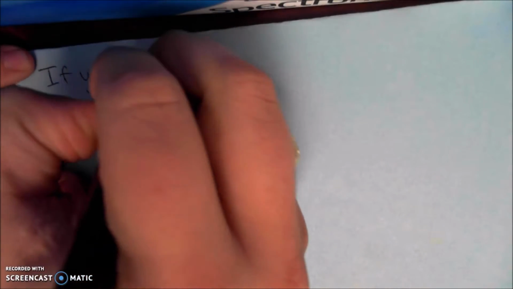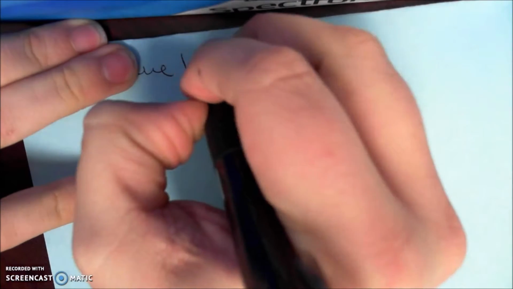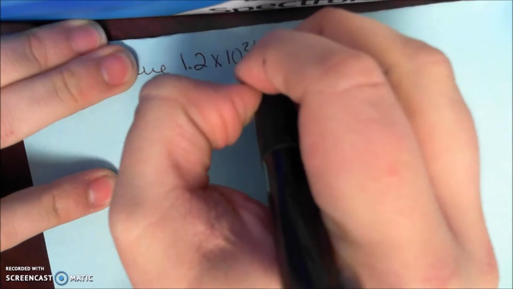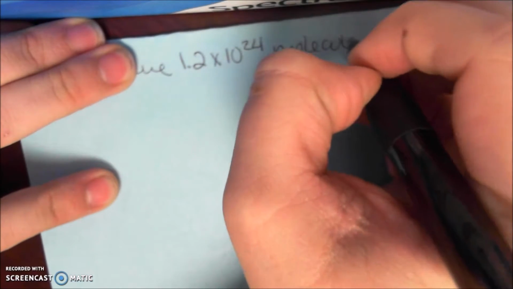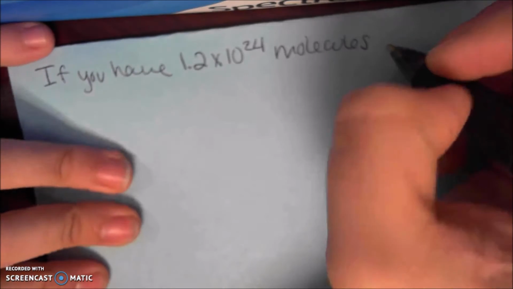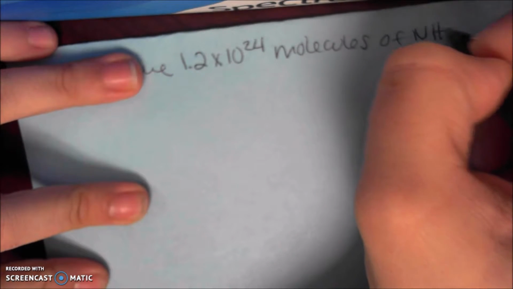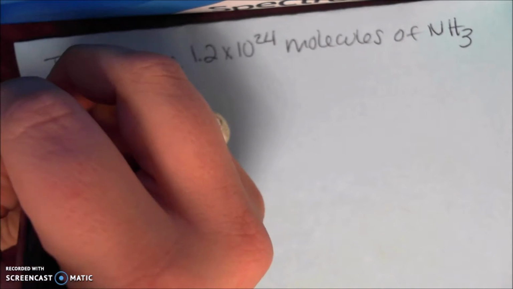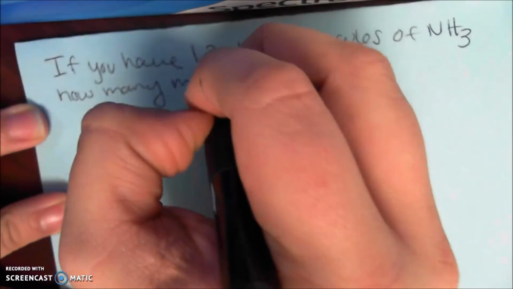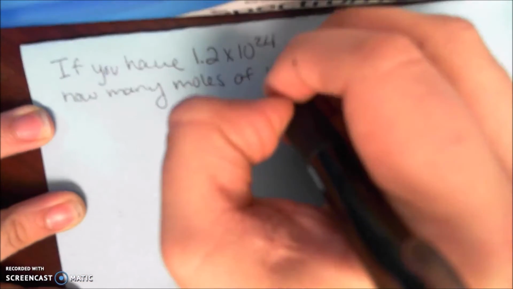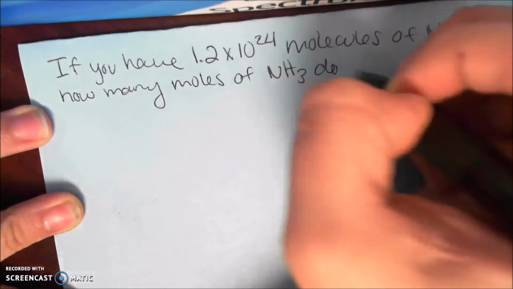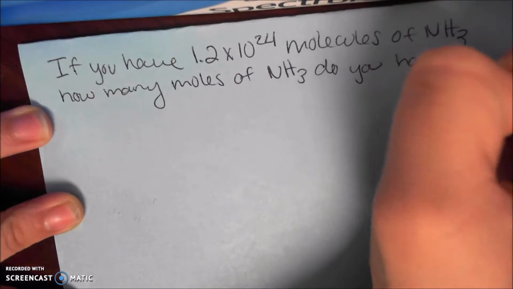Okay, so this next problem is saying, if you have 1.2 times 10 to the 24th molecules of NH3, how many moles of NH3 do you have?